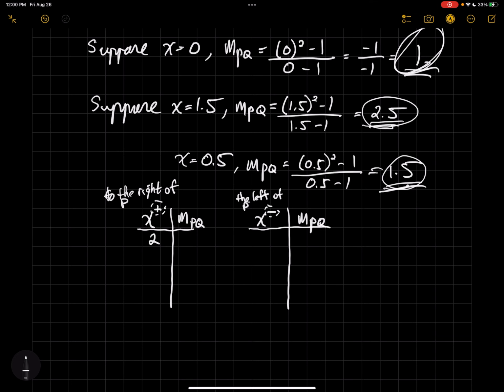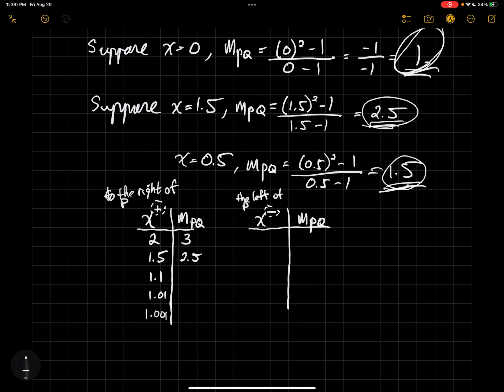Okay, so we've already done two values of x that are to the right of P. So we did 2 and 1.5. And of course, we calculated the slope of the secant when Q is at x equals 2. That was 3. And we also did it at 1.5. That was 2.5. But we can add more values of x that are to the right of P. And so we can look at 1.1, for example, and we can look at 1.01, and we can look at 1.001, okay?